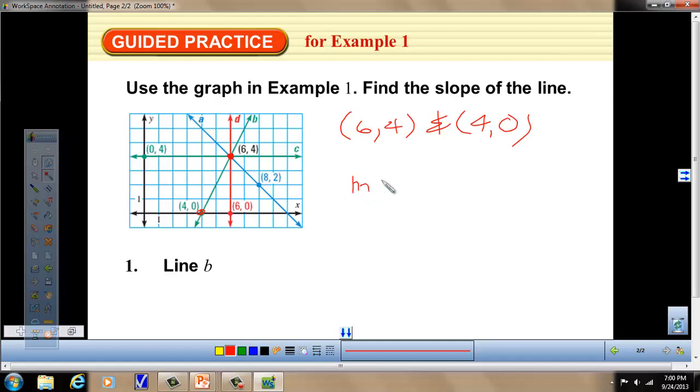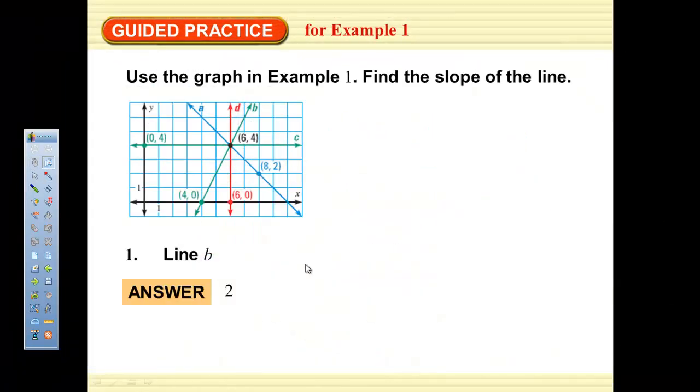For my slope, I'm going to do y sub 2 minus y sub 1, which is 0 minus 4, and 4 minus 6. That gives me a negative 4 on top and a negative 2 on the bottom. A negative divided by a negative is a positive, so the slope is 2. And there's your slope.